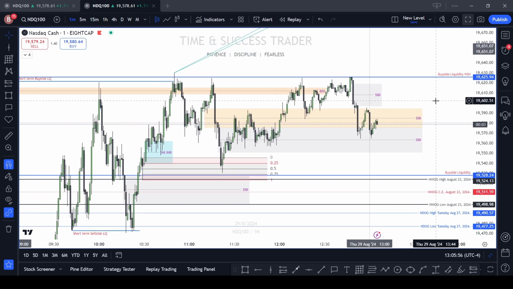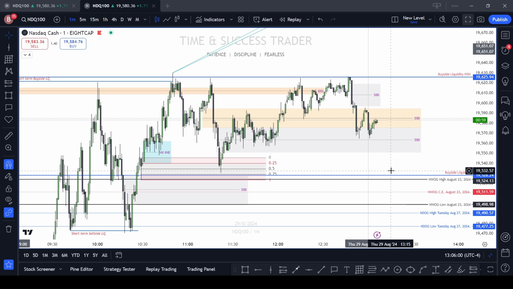This area that price tapped into is actually an order block. We tapped into the main threshold of that order block. Now price traded down into this area, swept this low.